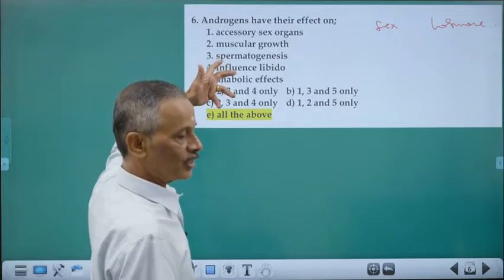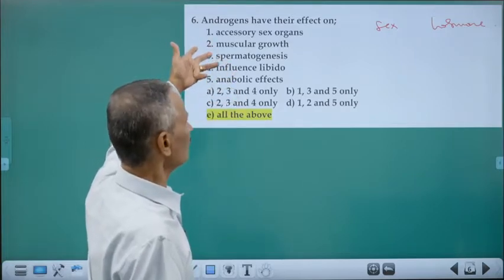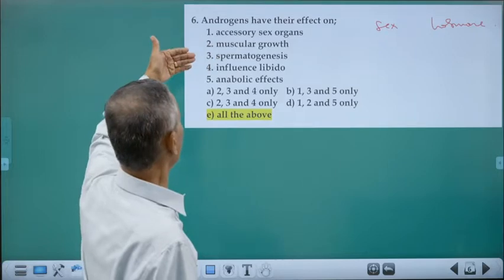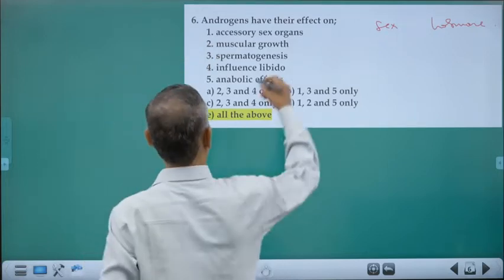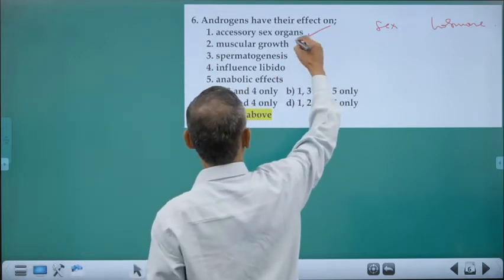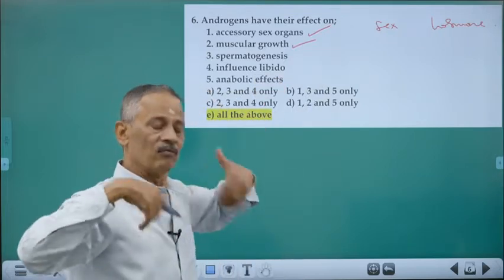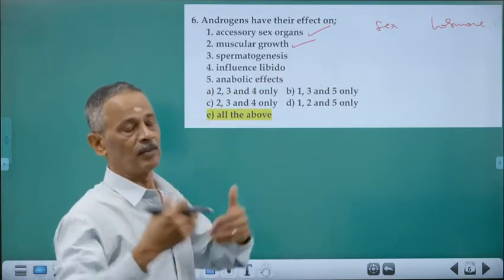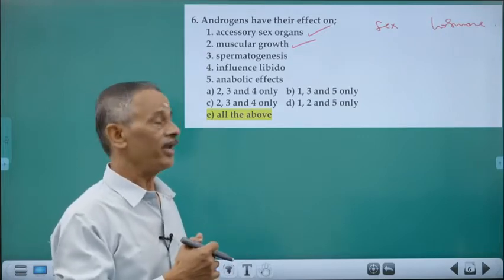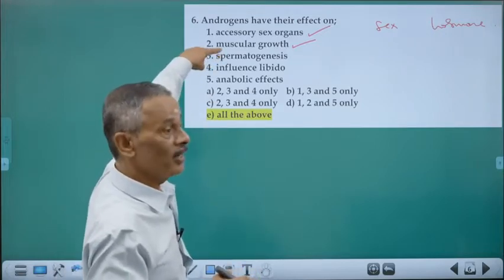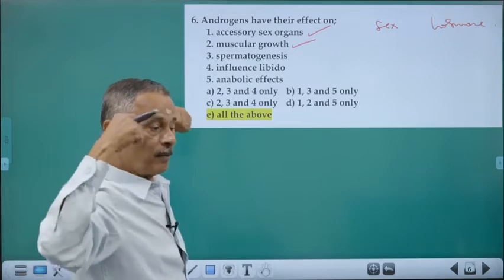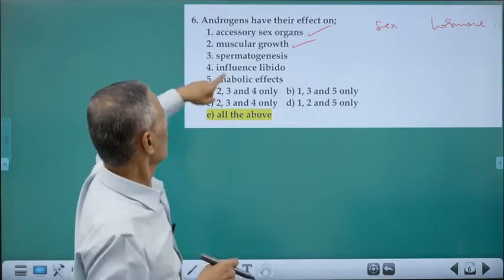Androgens. What is andro? Andro means male. So it is the testosterone, sex hormone, that will be acting on accessory sex organs. That is the main function. And in males, muscular growth, a boy on attaining maturity develops masculine features, which is shown by broad shoulders, masculine musculature, correct?